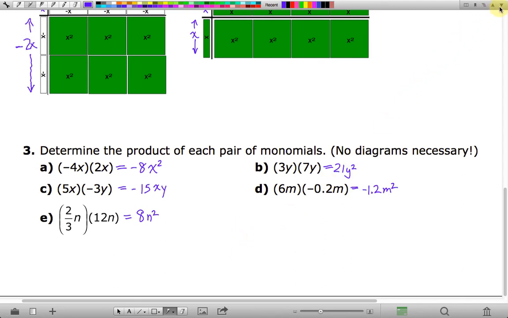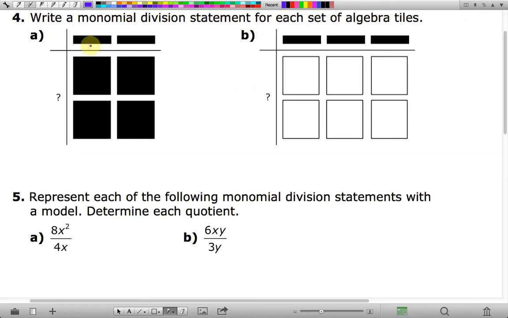So now let's move on to the next page. We want to write a monomial division statement for each set of algebra tiles. So what you can see here is that there's a product that's already given if this were a multiplication.